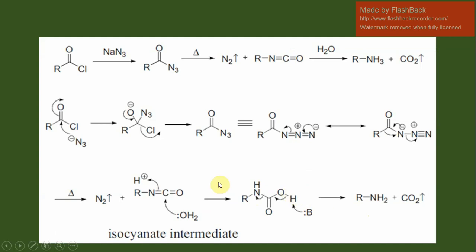The detailed mechanism of preparing acyl azide from acyl chloride is given here. From acyl azide we end with alkyl isocyanate. Alkyl isocyanate after hydrolysis we get, and this is the usual procedure that we have seen in the previous cases also.